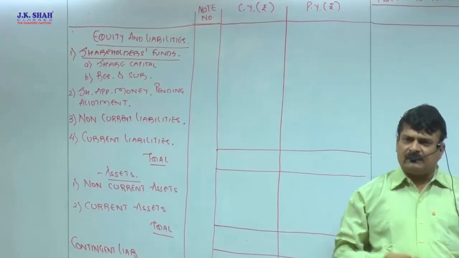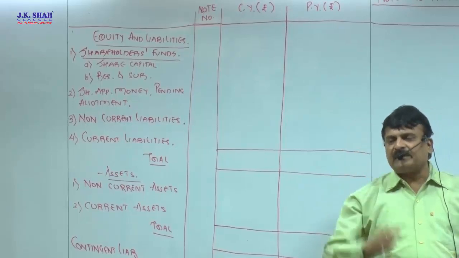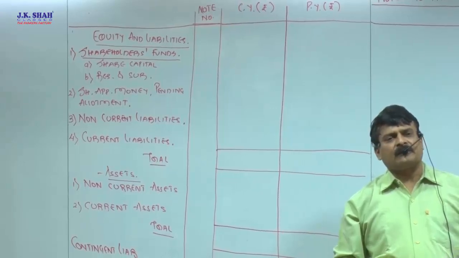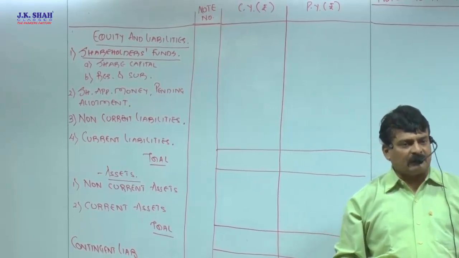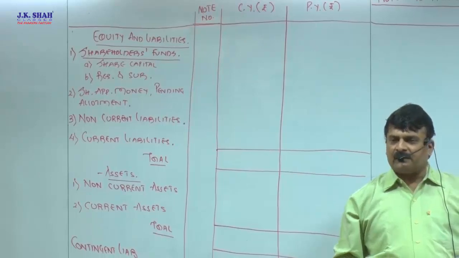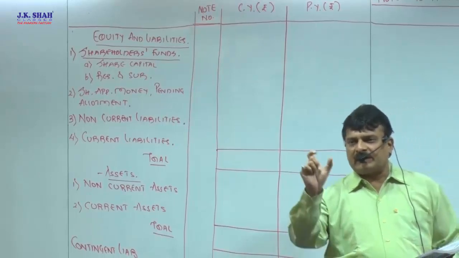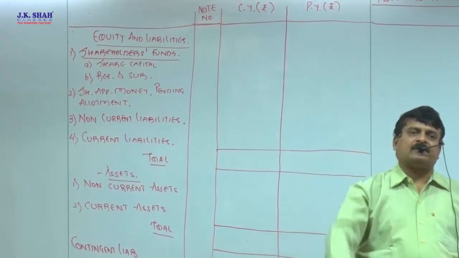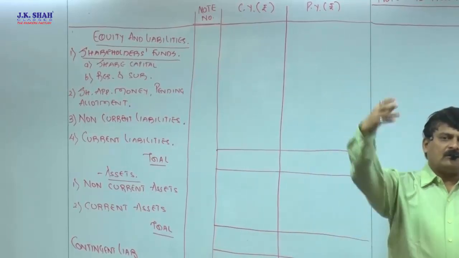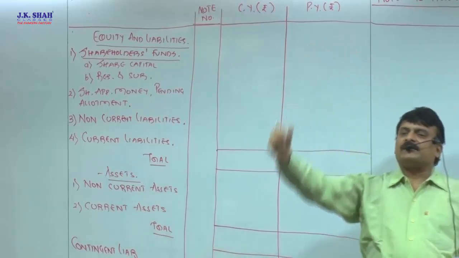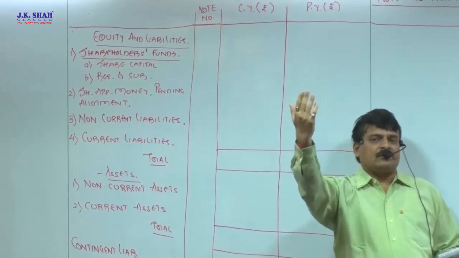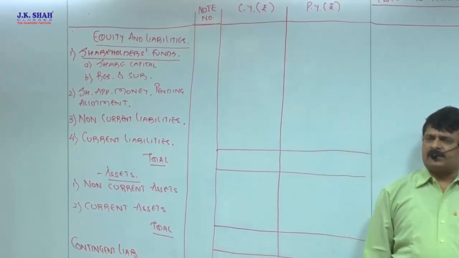Tell me why there is a difference between them. How much is the amount of difference? 7,50,000. Give me the name of 7,50,000. What will you call 7,50,000 as? Is it depreciation?